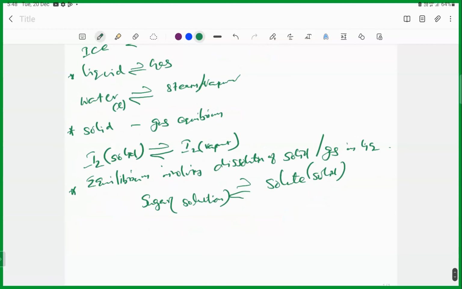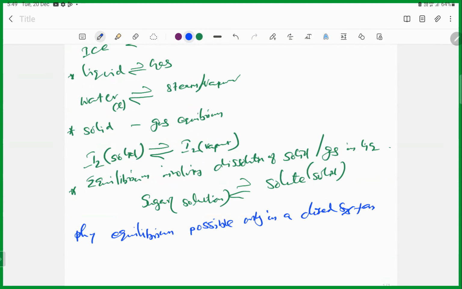What are the general characteristics of physical equilibrium? Physical equilibrium is possible only in a closed system.